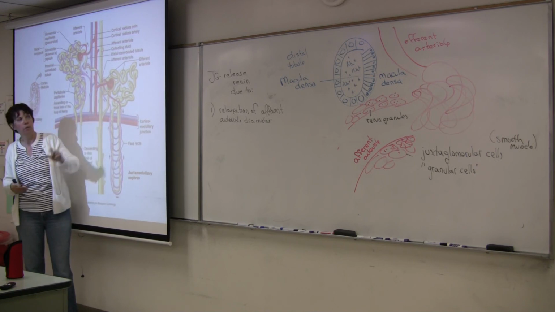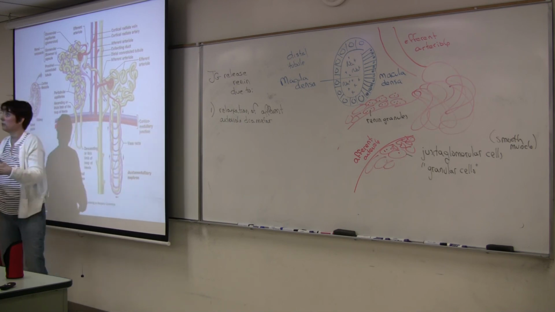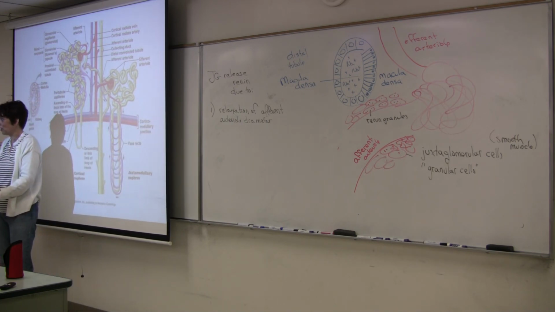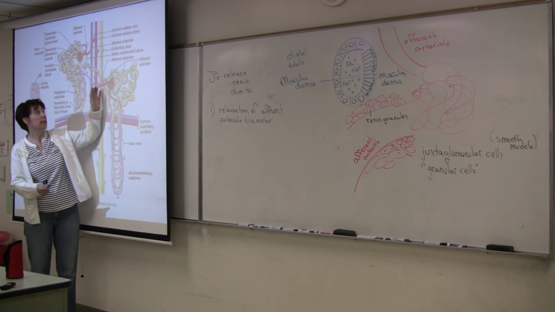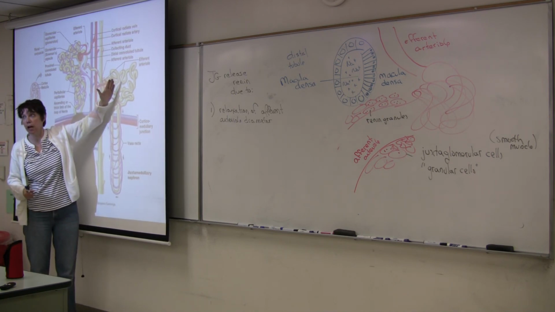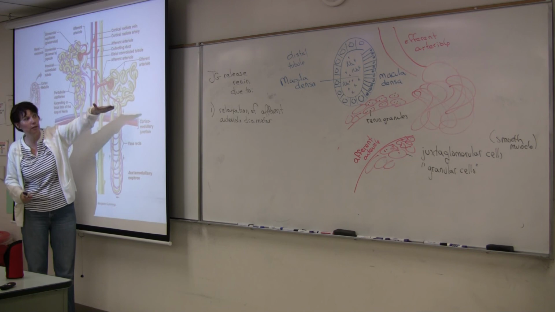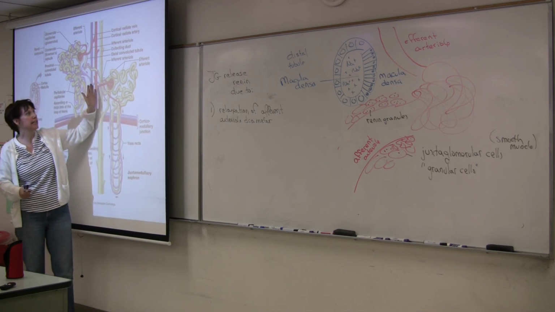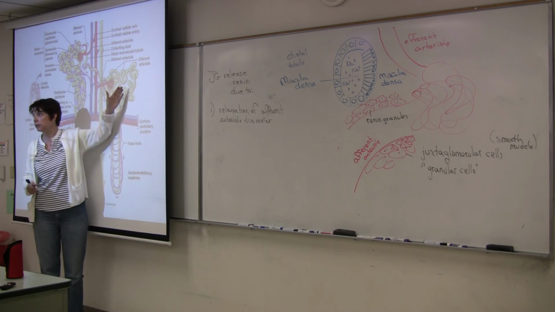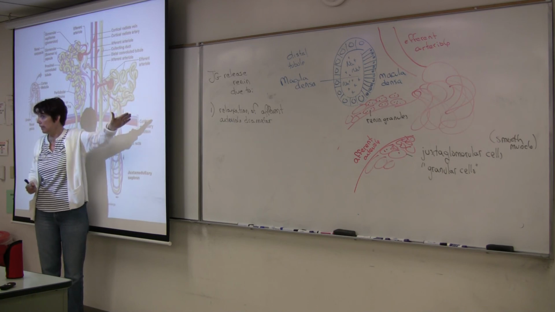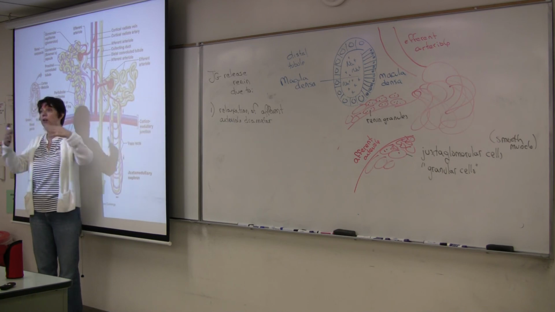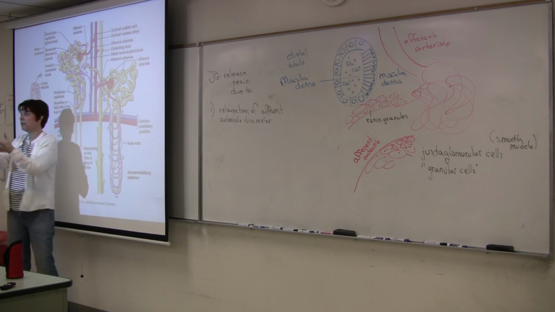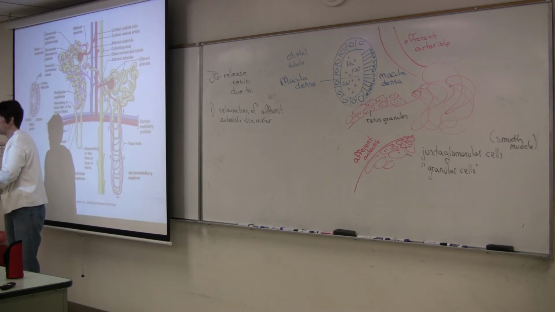Well, our concern is if our filtration rate is low because of a low blood volume. So, if filtration rate is low because our pressure is low due to low blood pressure, then as it gets into the proximal convoluted tubule, it's going to flow more slowly. Hence, more time for sodium to be moved out of the filtrate and back to the blood.